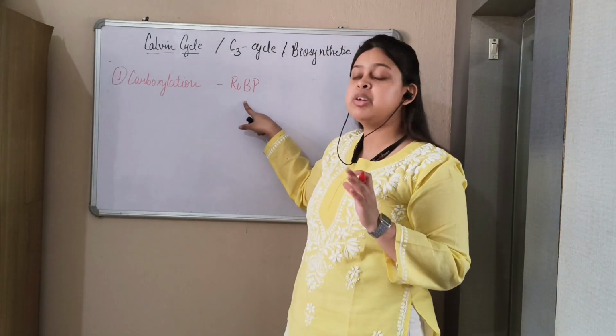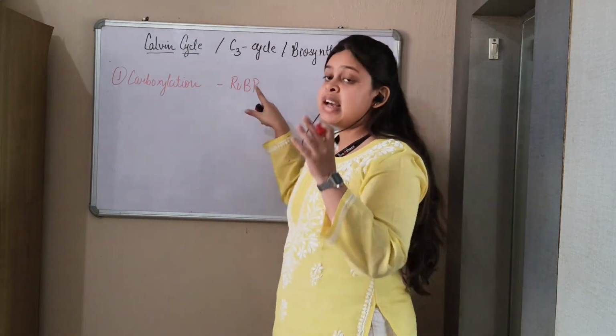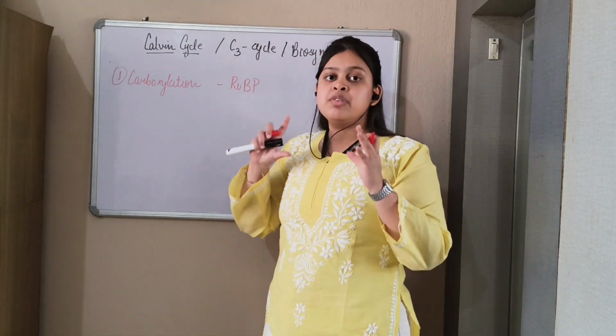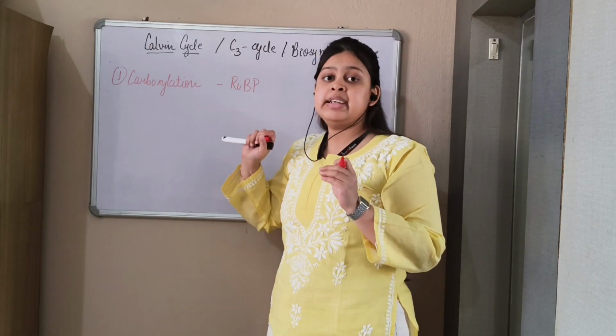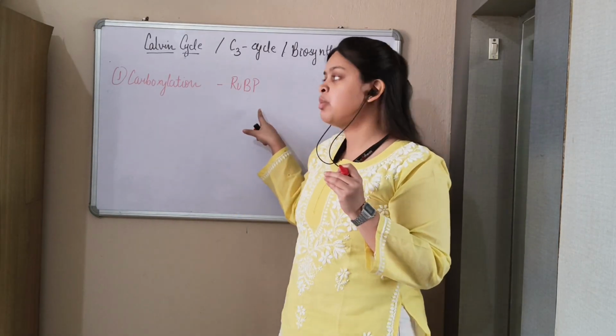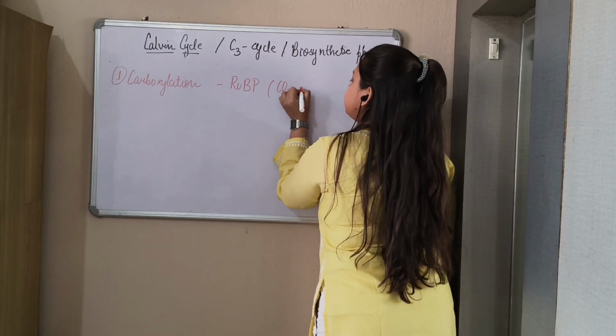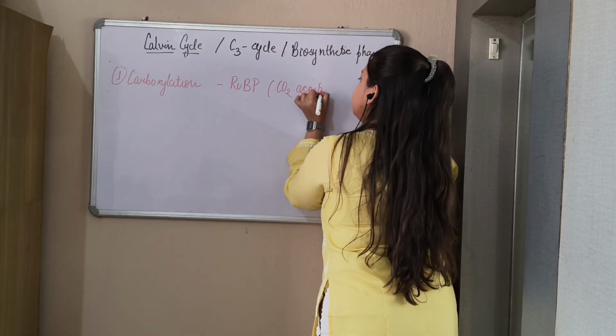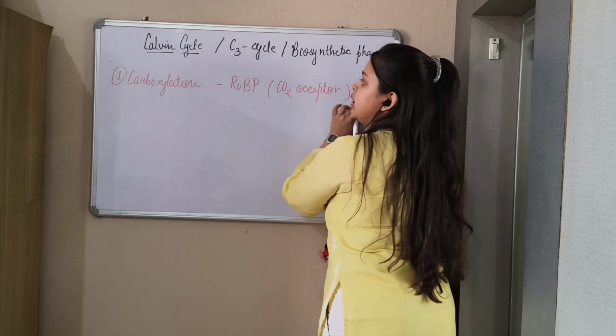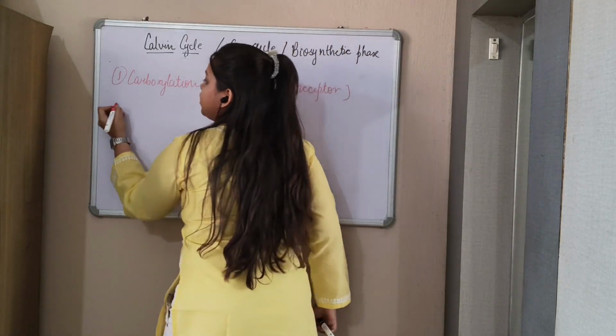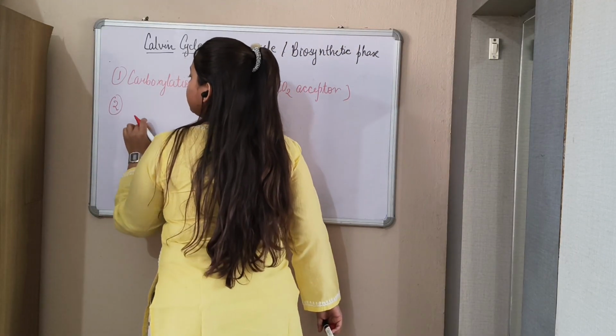This is a 5 carbon ketose sugar. It accepts the CO2 molecule and the first stable product of the cycle, 3-phosphoglyceric acid, is formed in carboxylation. So this is the CO2 acceptor. The second phase is reduction.